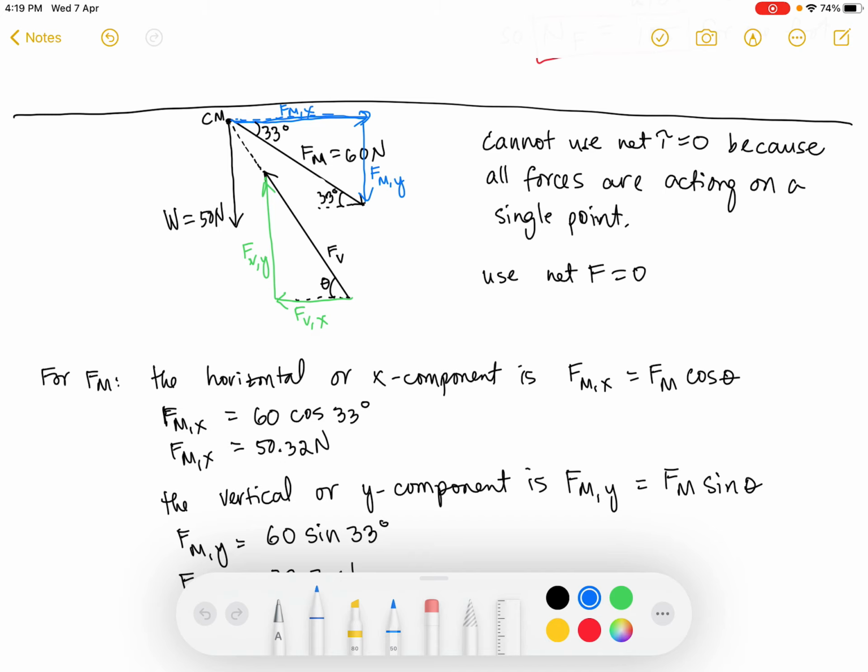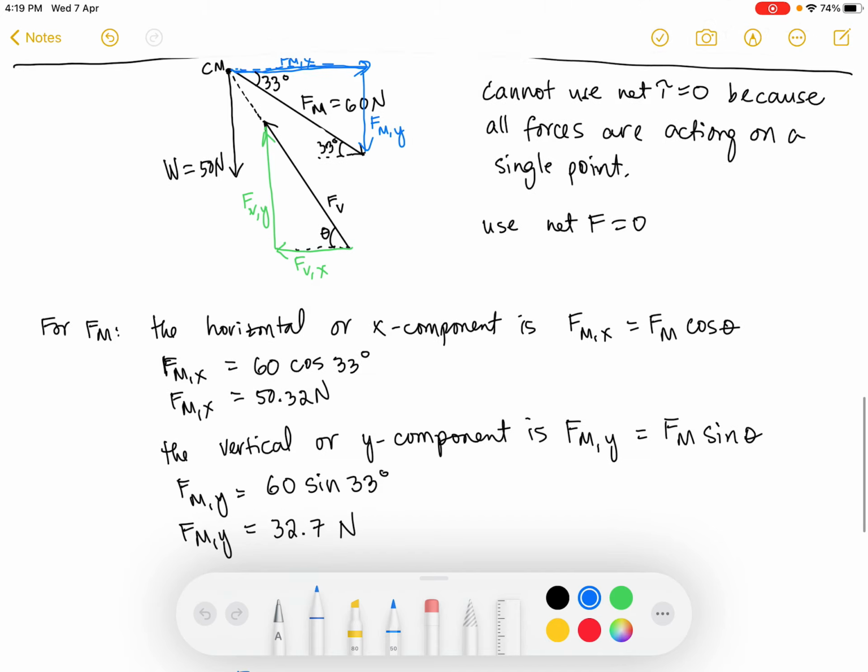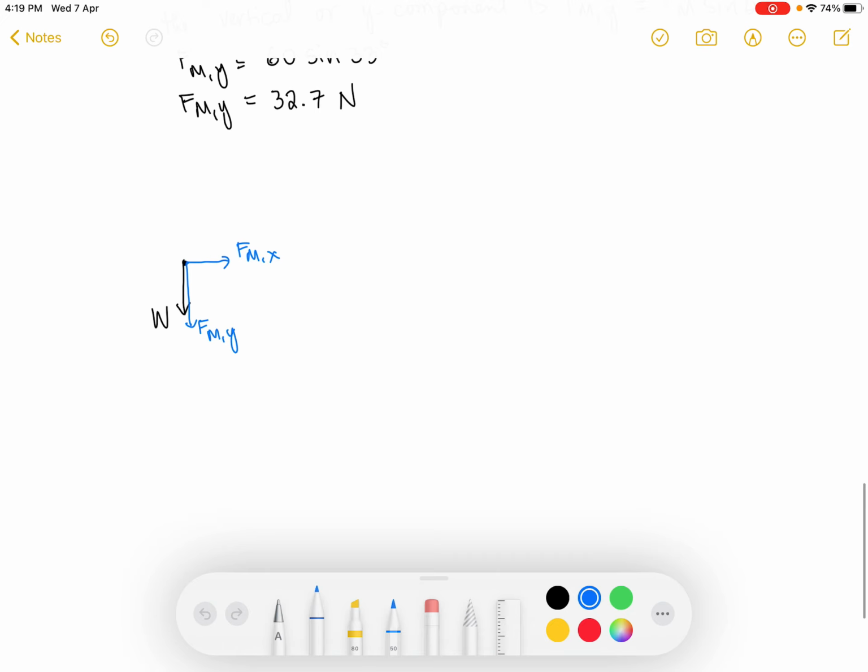And Fvx to the left and Fvy that's upwards.